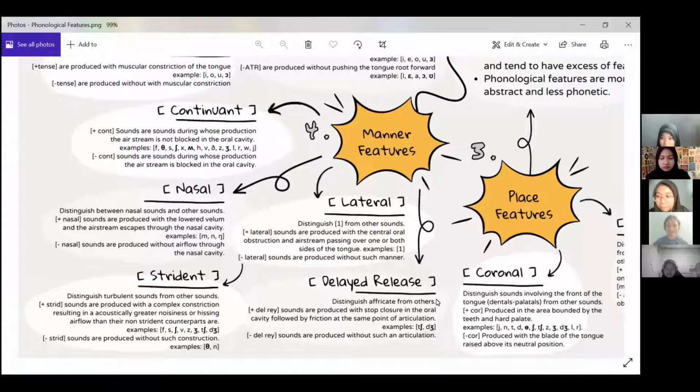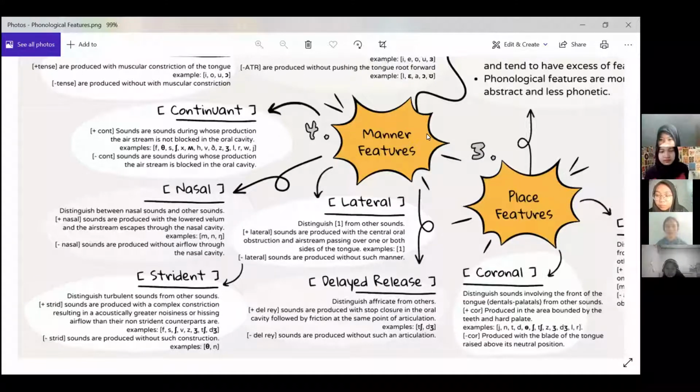So we get that release for ch. Then immediately after, we have this friction that follows along, it's a very slow release and it's called delayed release. And in the negative delayed release, the sounds are produced without such an articulation.